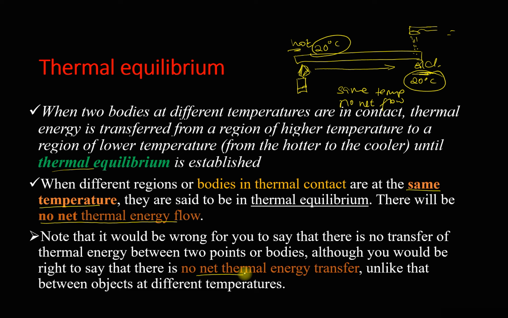And I have said that thermal equilibrium is a dynamic situation where the transfer of heat energy between two objects or two regions is actively going on in both directions but at the same rate. So it would be wrong for you to say that there is no transfer of thermal energy between them, although you would say that there is no net thermal energy transfer, unlike that between objects at different temperatures.